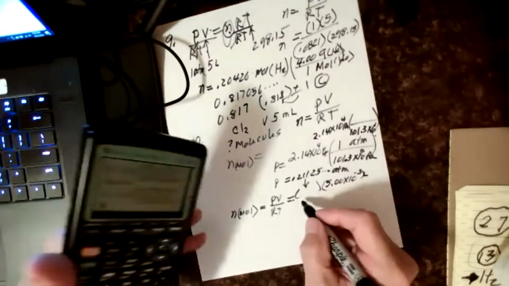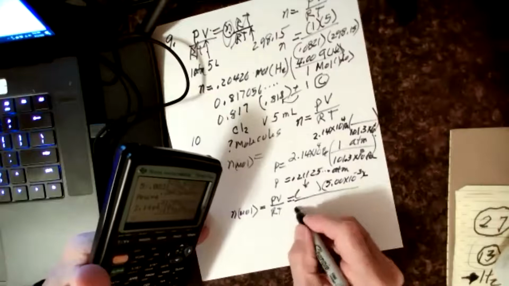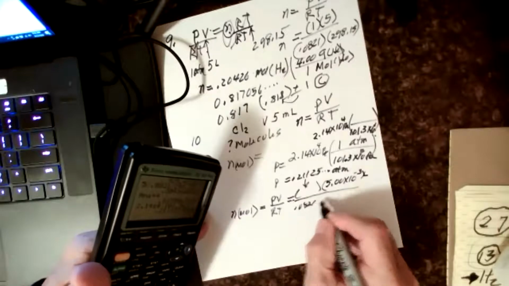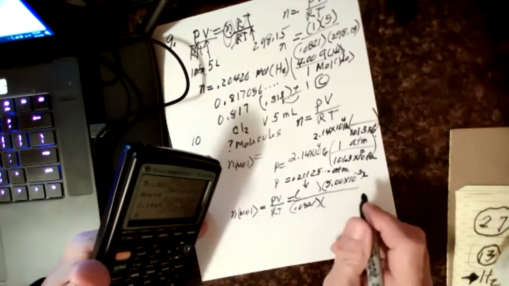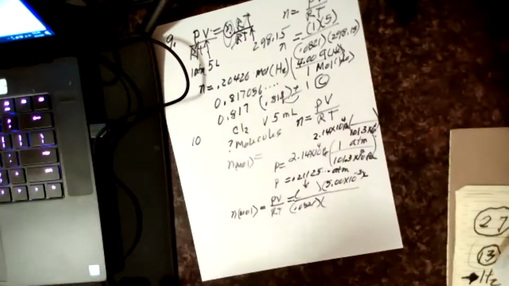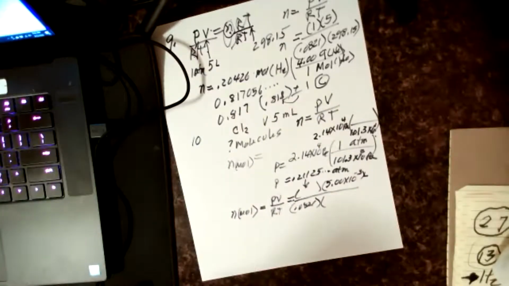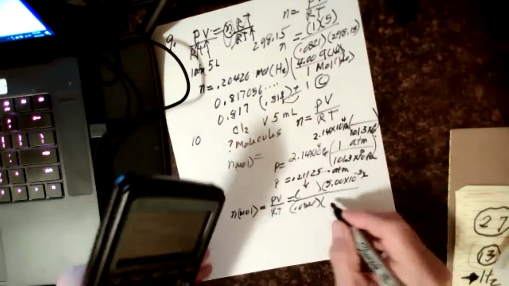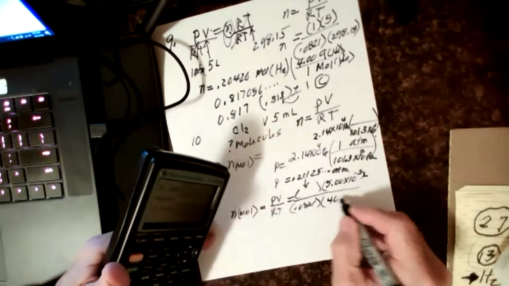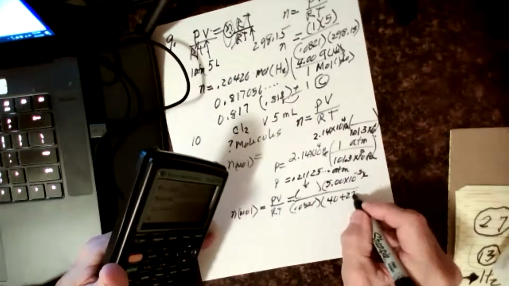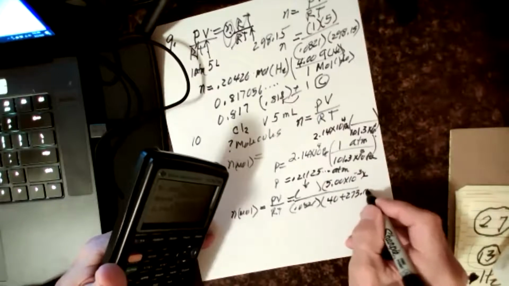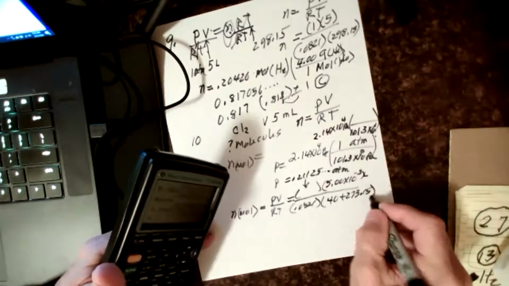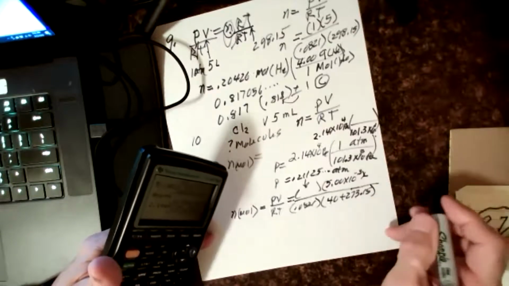And I want R, 0.0821. And what do we have for temperature? 40 degrees Celsius. So that's 40 plus 273.15. Okay, so I got everything ready to enter in my calculator.